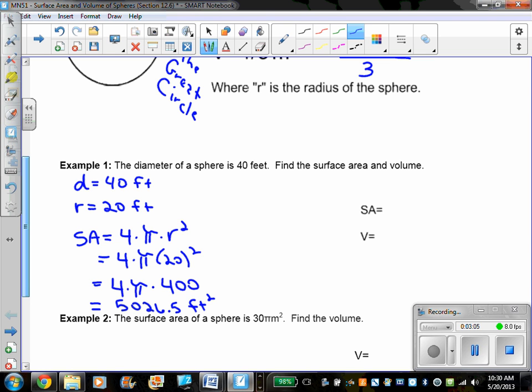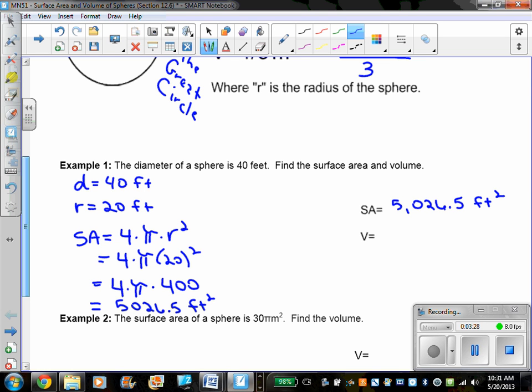Think of this as an orange: skin the orange, flatten it out, and find out how many 1 by 1 foot squares cover that surface. It's going to be 5,026.5 one foot by one foot squares.